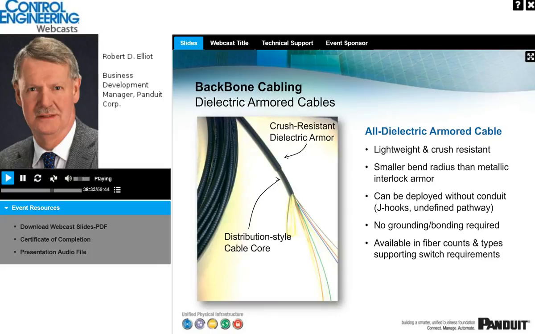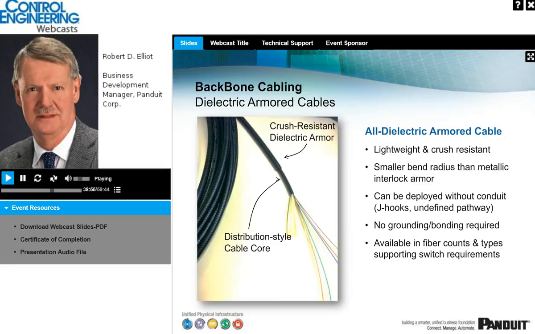The dielectric armored cable we've talked about has also a benefit that it's significantly lighter than the metallic armored cable. It has a better bend radius, and we've already mentioned that it can be deployed without being installed into conduit or some kind of covered pathway.